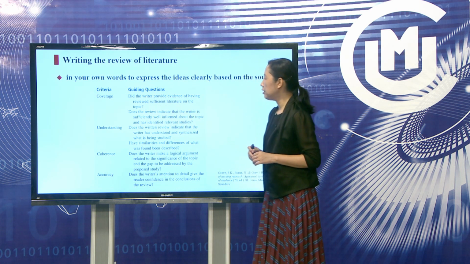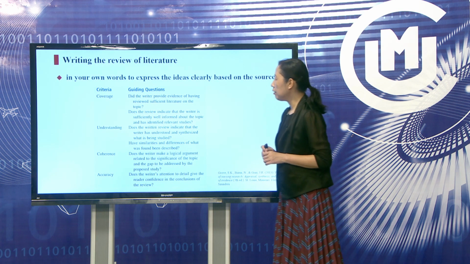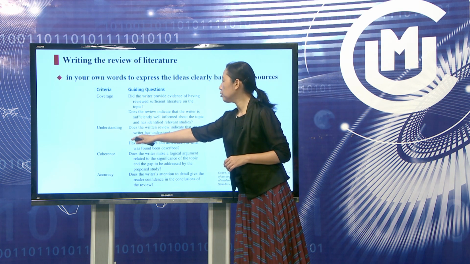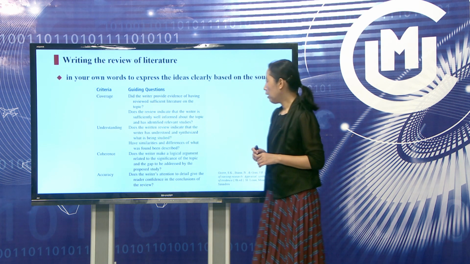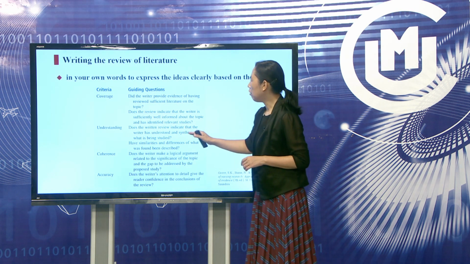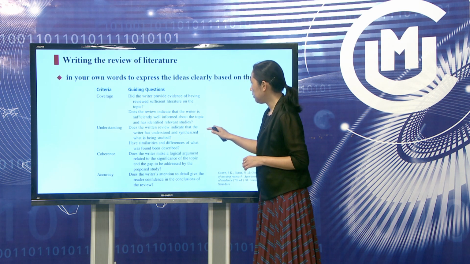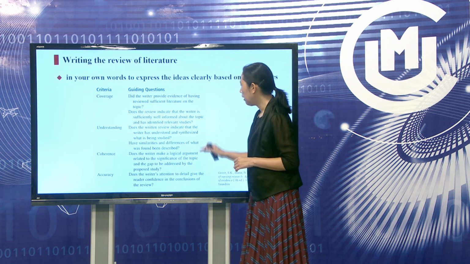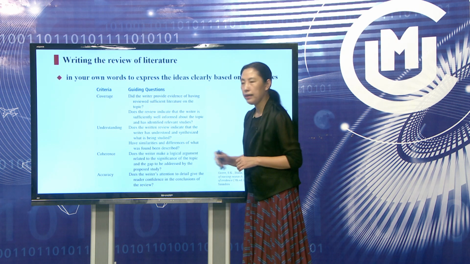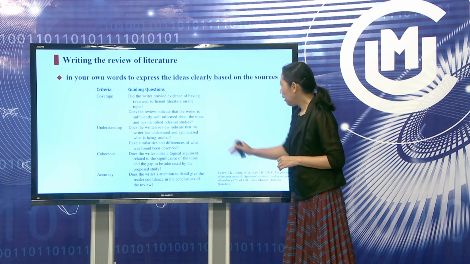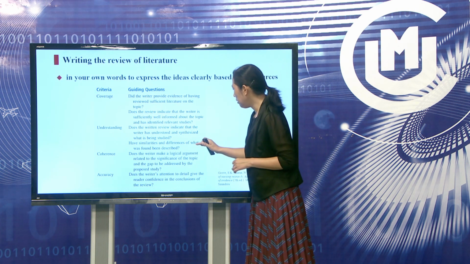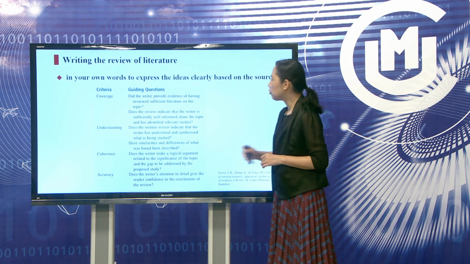Besides coverage, you can evaluate if the literature review is understandable. So you may ask yourself: does the written review indicate that the writer has understood and synthesized what is being studied, and have similarities and differences of what was found been described?